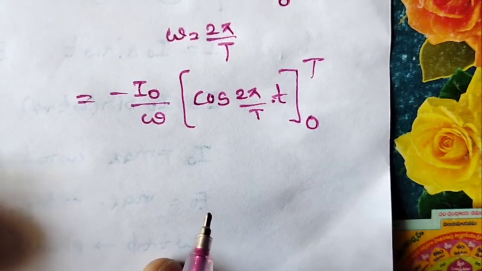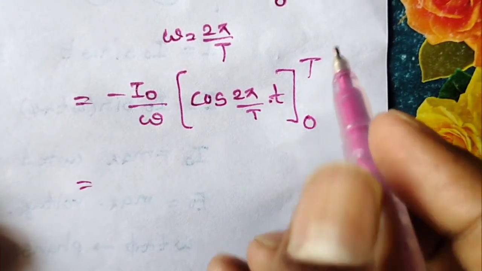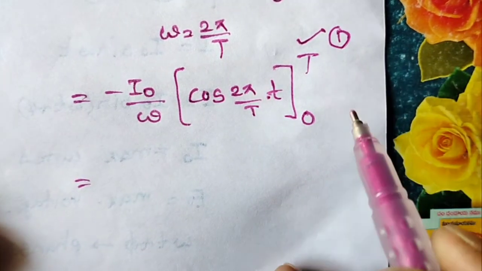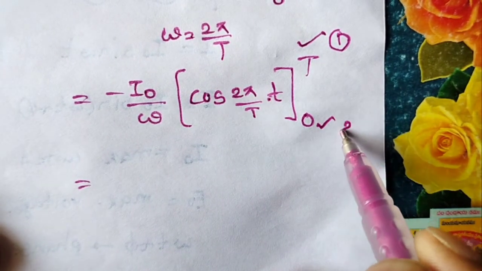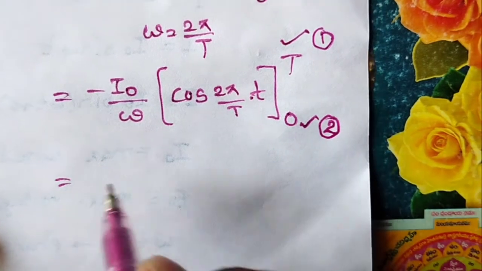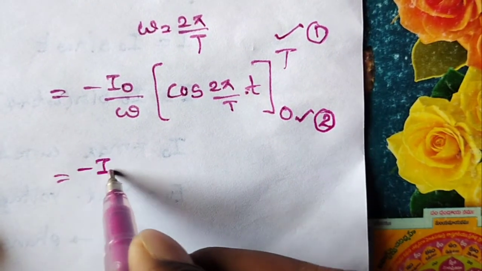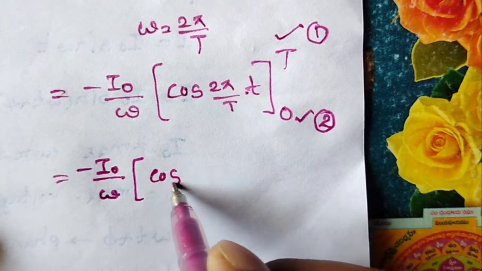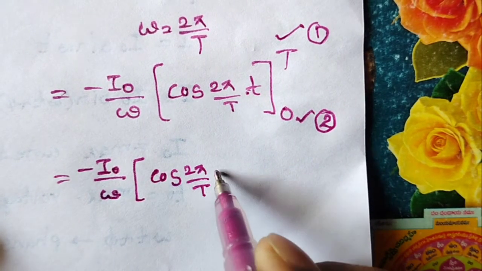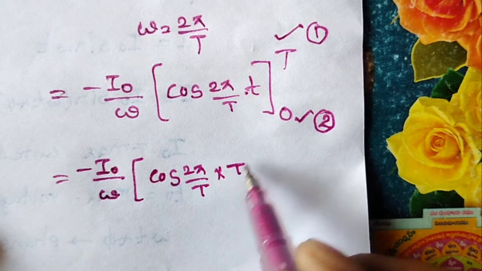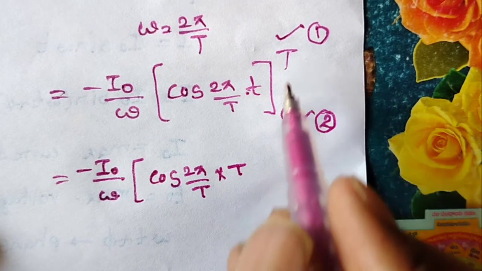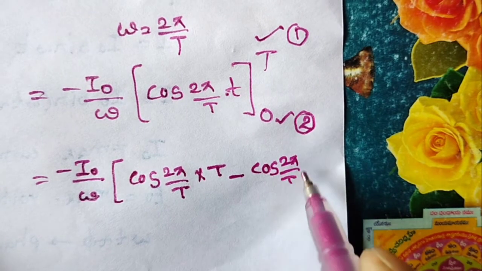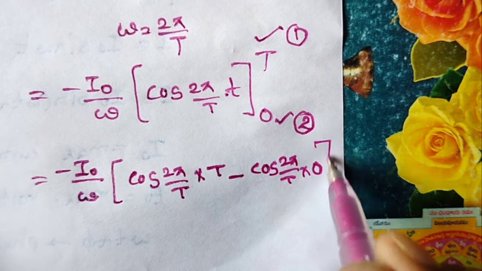As in the previous case, first we substitute the upper limit, then the lower limit. So that is minus I naught by omega times cos 2 pi by T, where small t is replaced by capital T, minus cos 2 pi by T with small t equal to 0.